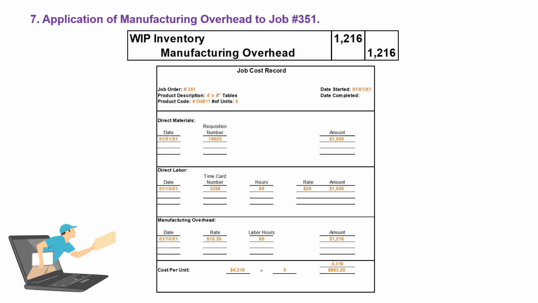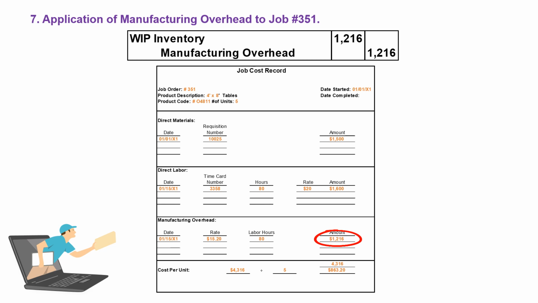So on this date, we've got 80 hours of direct labor at $15.20, or $1,216 of overhead costs.